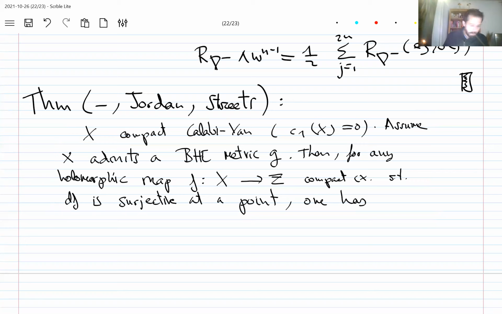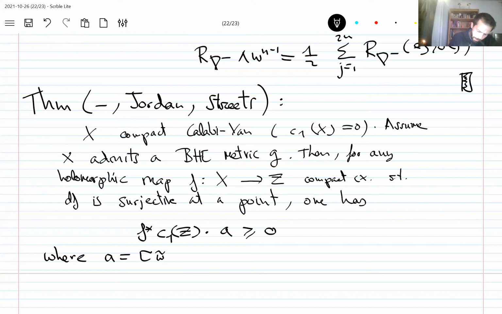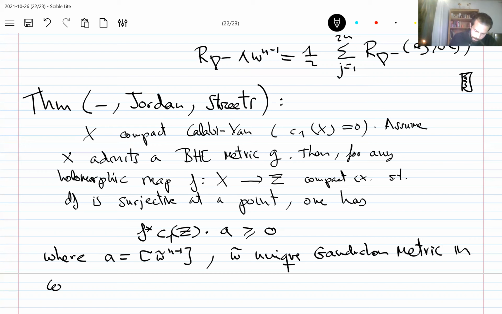One has that the pullback of the first Chern class of Z times A is bigger or equal than 0, where A is the class of omega tilde to the n minus 1, where omega tilde is the unique Gauduchon metric in the conformal class of G.